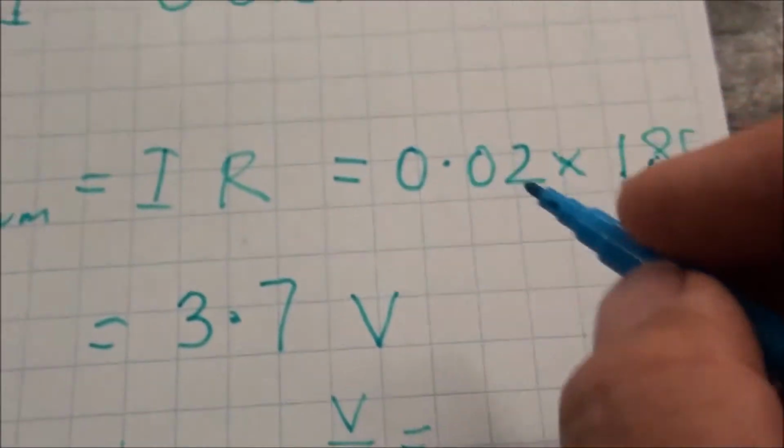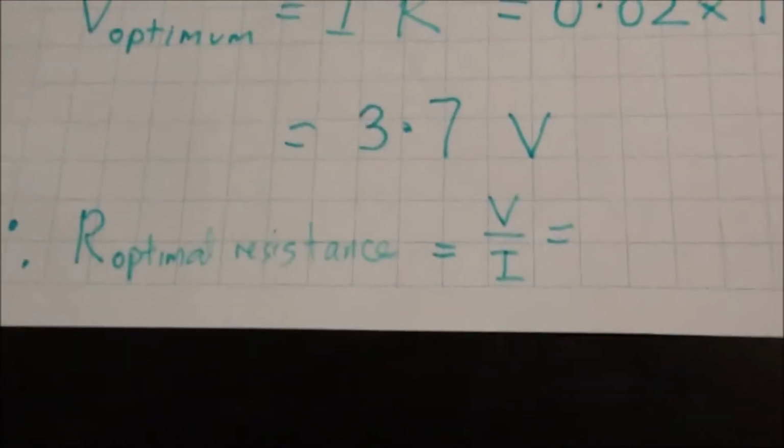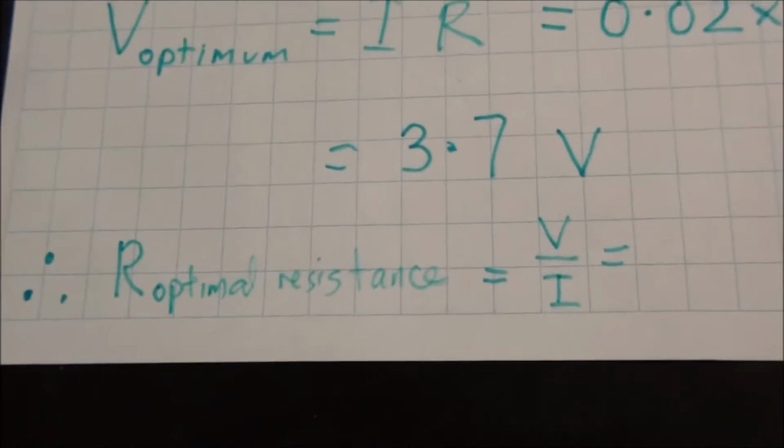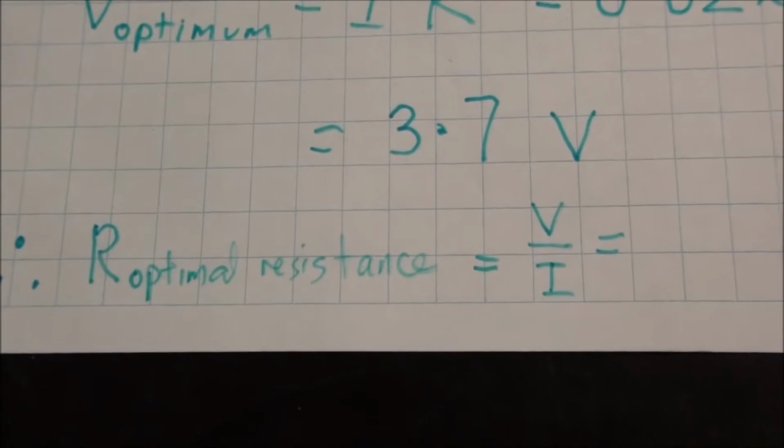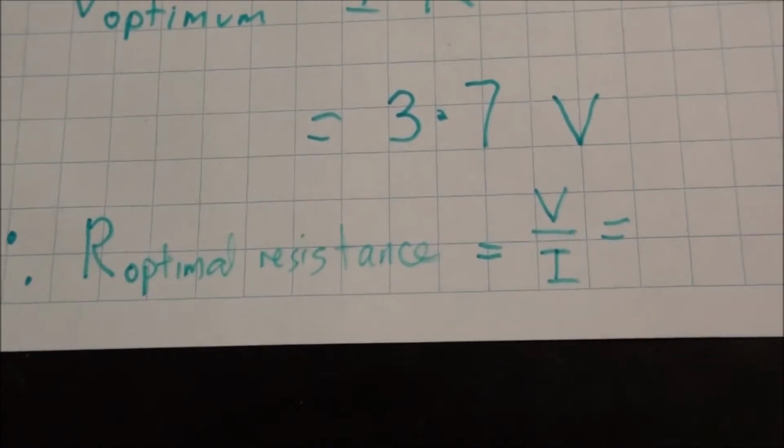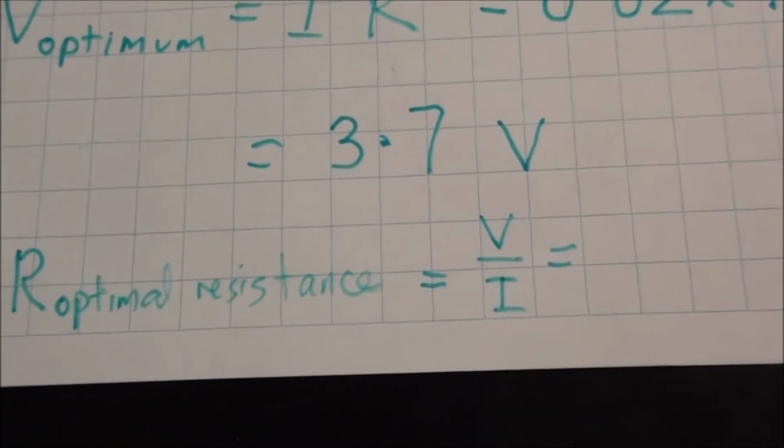So now remember, my Arduino board produces about 4.7 volts of power. Okay, and the ideal current draw is 20 milliamps.